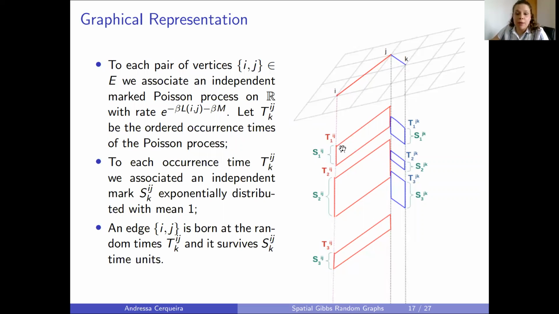To each time that the edge tried to be born in the graph, we associate an exponentially distributed random variable with mean 1 that will give the survival time of this edge. That means that the edge will try to be born at this time, and it will survive for S_ij units of time. The same thing for this time that it tried to be born, and here for j and k. This is just how long this edge survives.